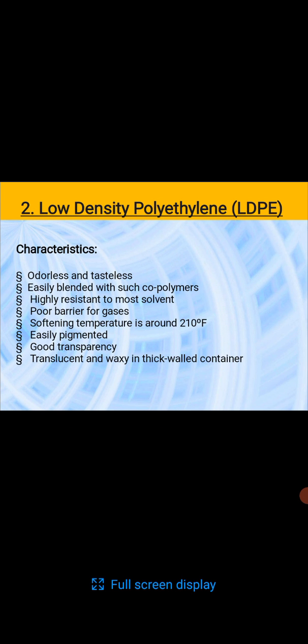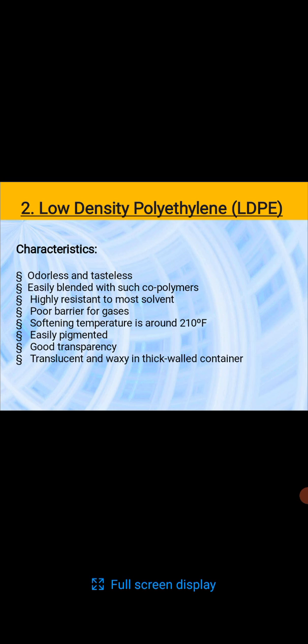The second type is low density polyethylene. It is characterized by being odorless, tasteless, easily blended with copolymers, highly resistant to most solvents, and a poor barrier for gases. Softening temperature is around 210 Fahrenheit.